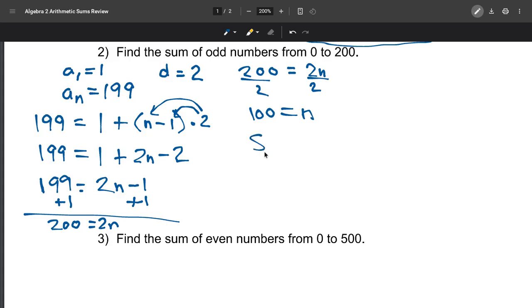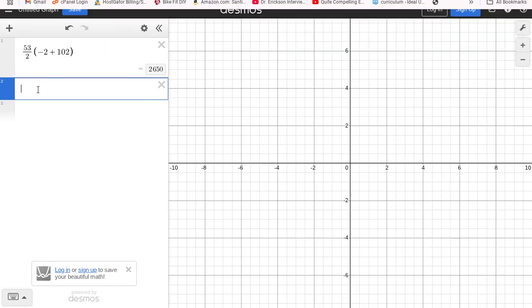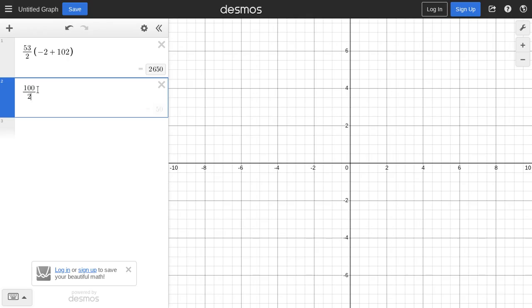So the sum of the 100 terms is going to be 100 divided by 2 times the first term, 1 plus 199. So let's put that into Desmos. So 100 divided by 2 times 1 plus 199. That gives me 10,000.